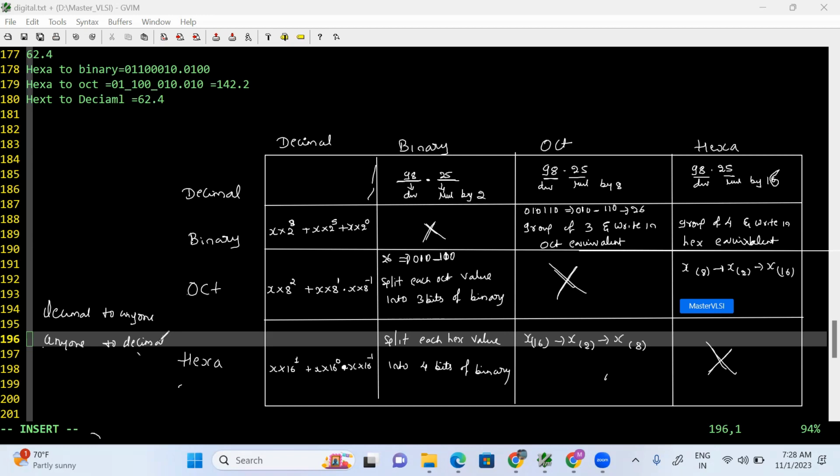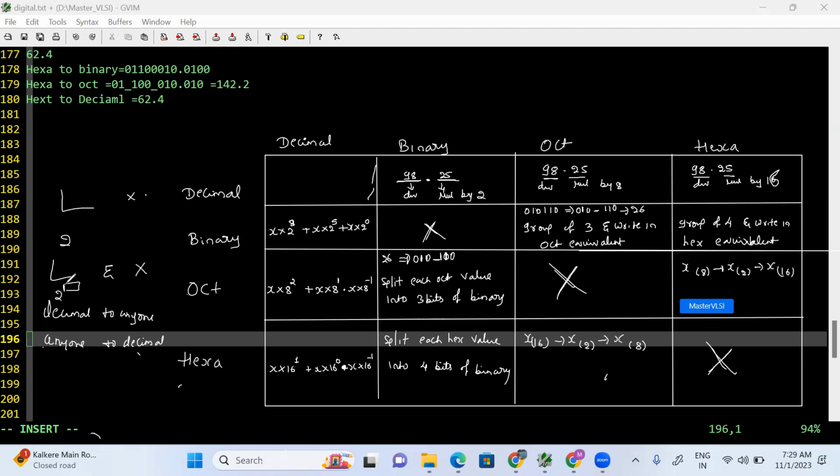Clear? So we need to understand one thing. For decimal, these are the things that will be followed, correct? Either divide and multiply, or the factor, that is the power rule.